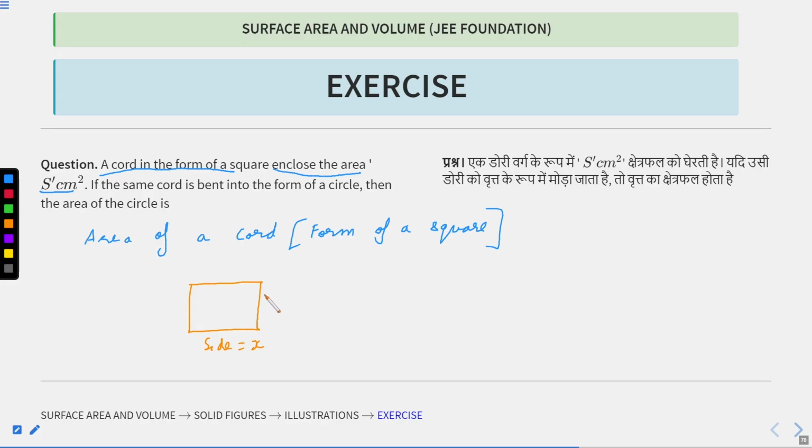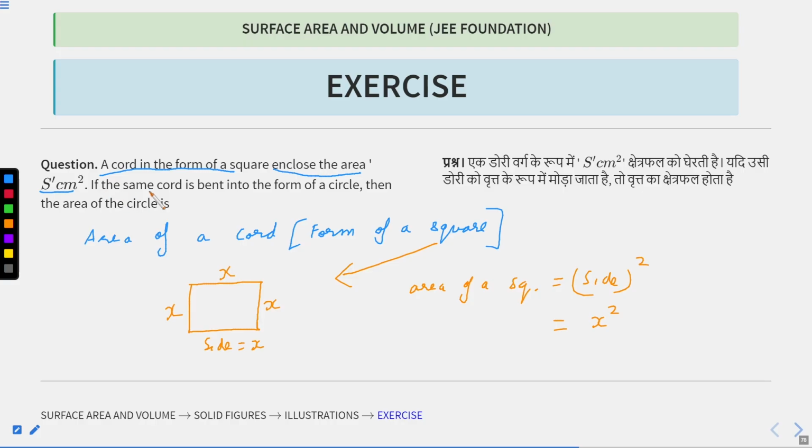Now this is also x, this is also x, this is also x, because it is a square. In a square, all of the sides are equal to each other, and we know the area of a square is equal to side squared, which here is x square. I hope this is clear.